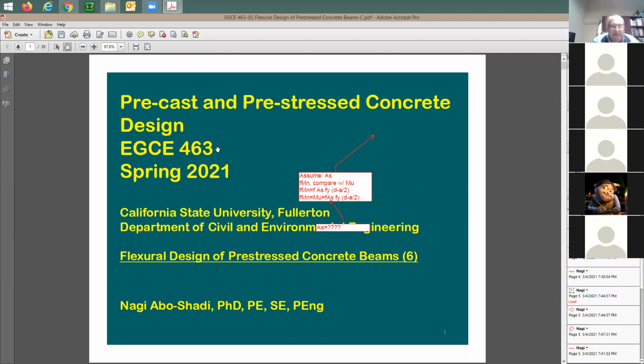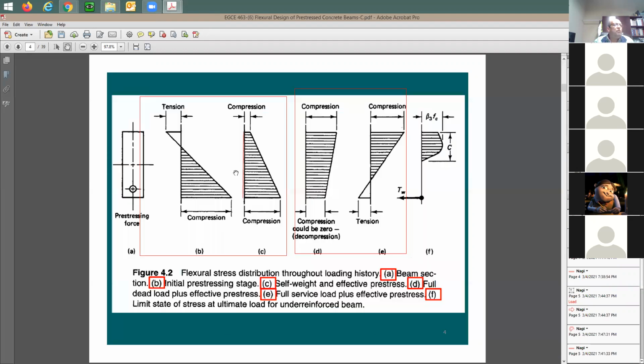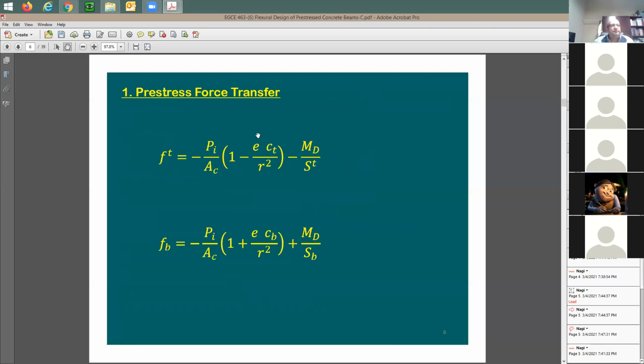But in this slide set, what we are trying to do is to set the stresses to the allowable stresses by code, and then see exactly the section properties needed. Meaning, when you look at this equation here, in order for you to solve it, you need to have Ac, correct? To start with, which means I need to give it the section.